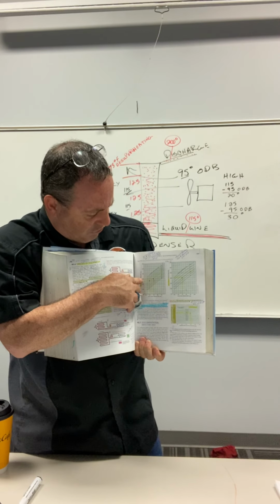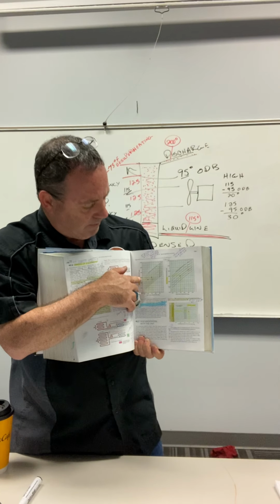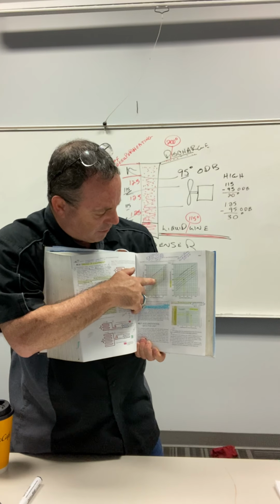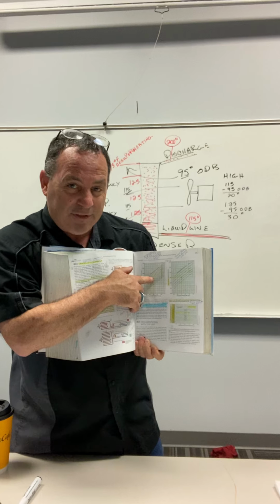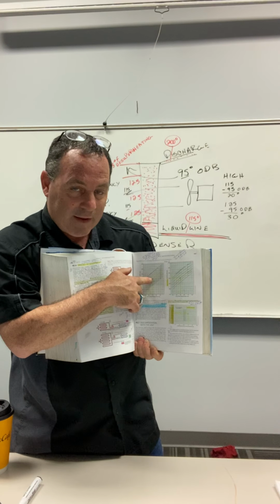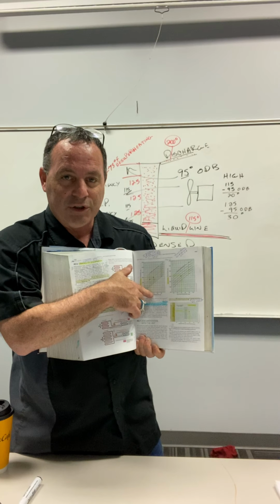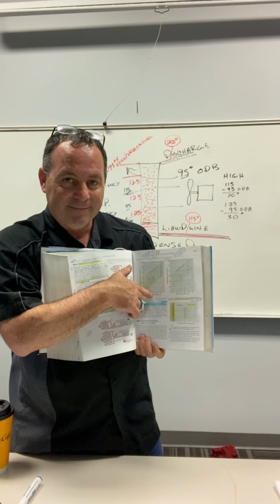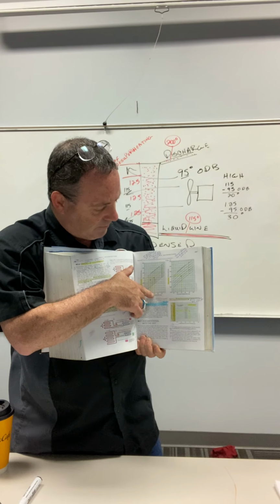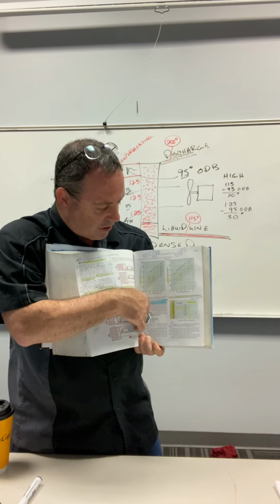So let's say it's 300-pound head pressure. And the temperature outside is 95 degrees. I need a 70-pound suction and it'll be charged correctly. See how easy that is? Okay, these charts are all the same.